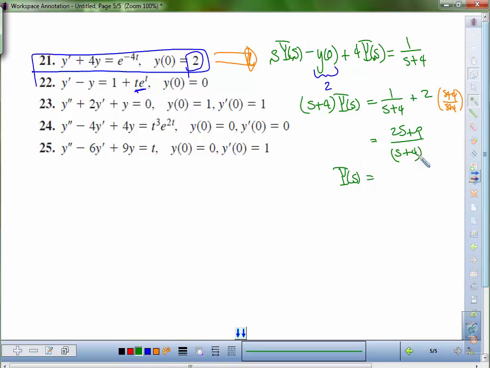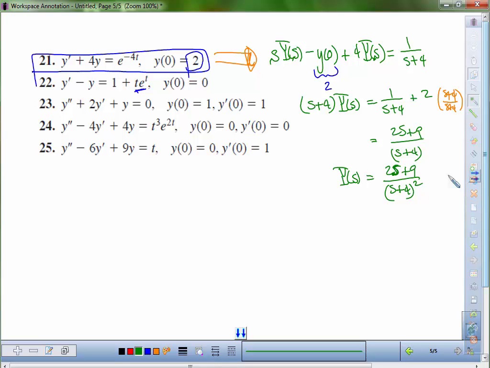So let's divide both sides by s plus 4. We get 2s plus 9 over s plus 4 squared. Okay, s plus 4 squared is already factored, right?